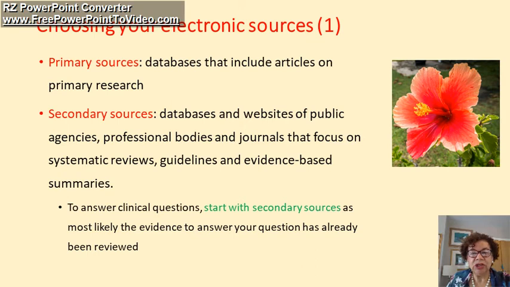It is important to use these first and not do a search on Google or Wikipedia or social media, but go to valid, trusted sources. Most undergraduates will be searching in secondary sources unless they are involved in a separate research project. Where evidence has not already been synthesized on a topic, a new systematic review of primary sources may be needed.